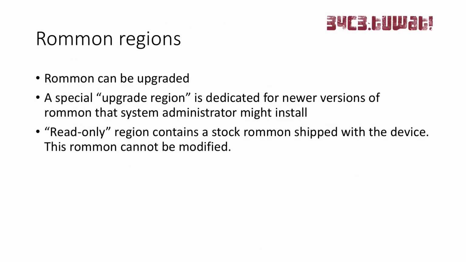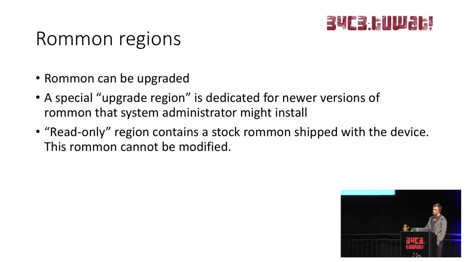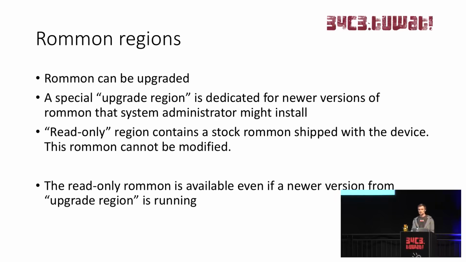But there's a second option, which is interesting. ROM1 is designed to be upgraded. So basically a system administrator can download a new version and update it. But the thing is that read-only region that contains the stock ROM1 is always in place and is always at the same offset.